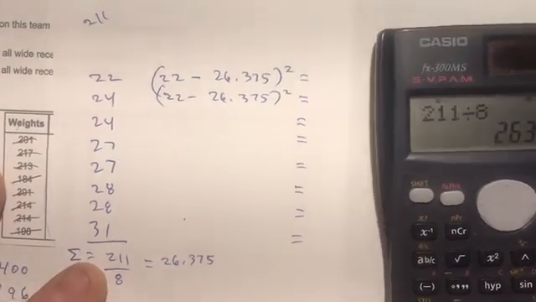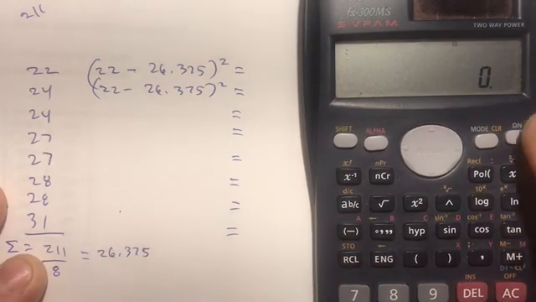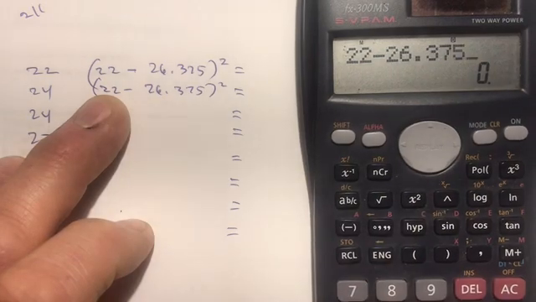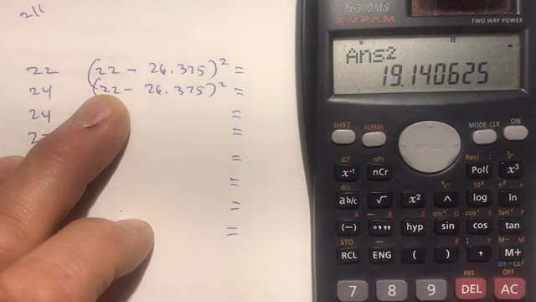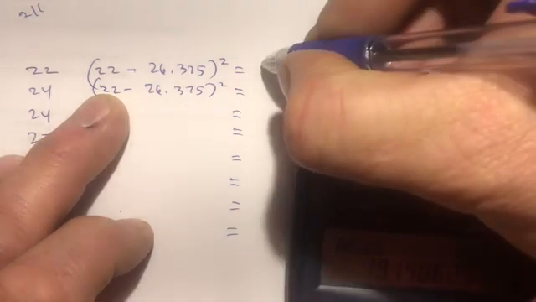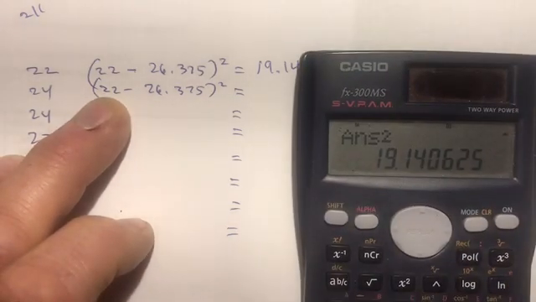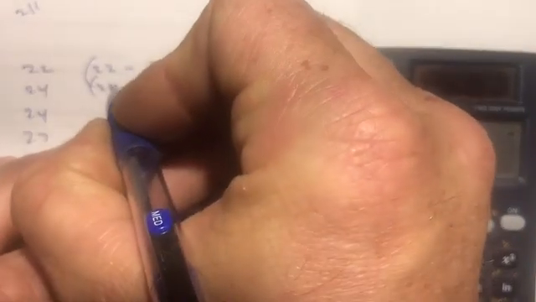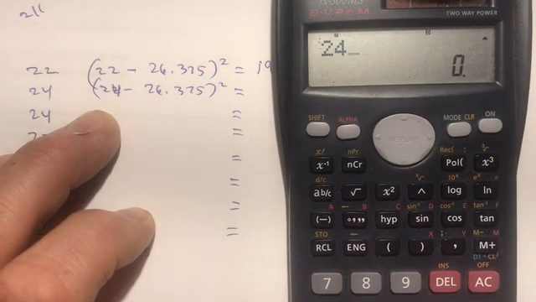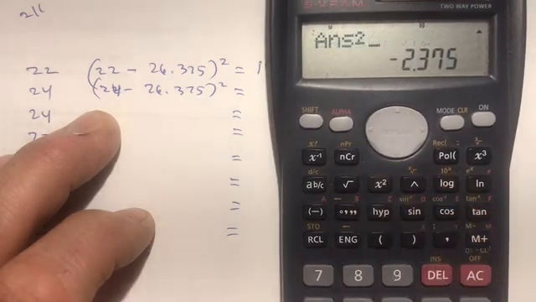Starting off here, I'll move this over, get it all on the screen so you see what I'm doing. 22 minus 26.375 equals, square, equals. All right, I get 19.14. I can round it once I get to here. That's 24 right there. Now 24 minus 26.375 equals, square, equals.